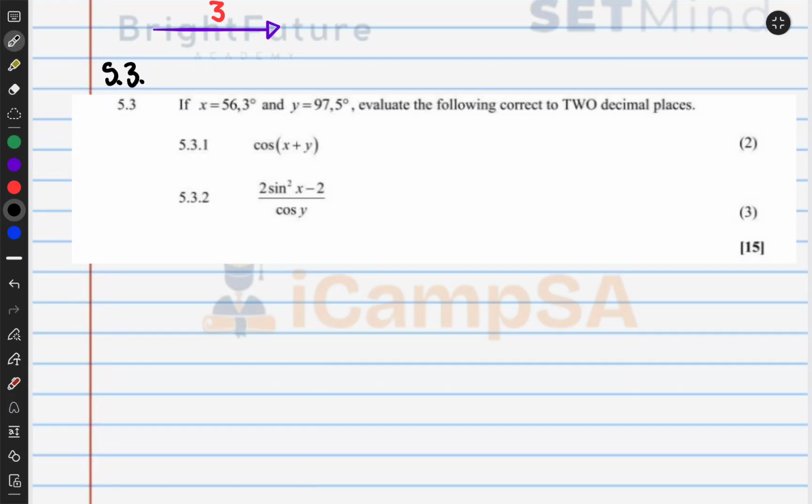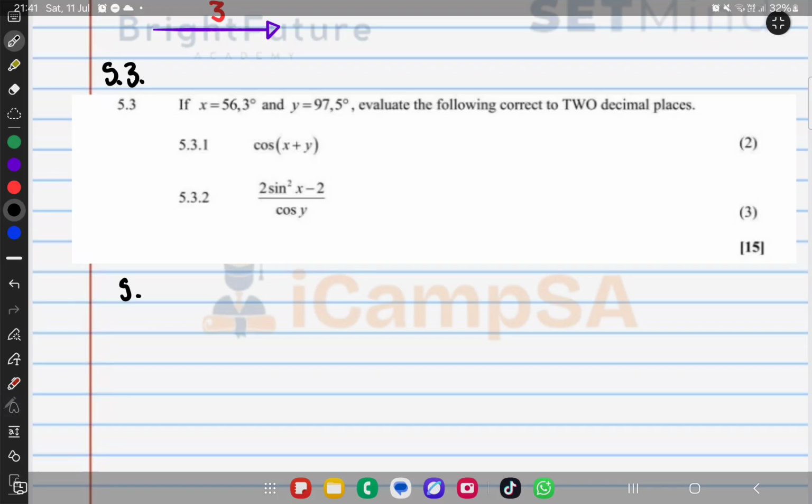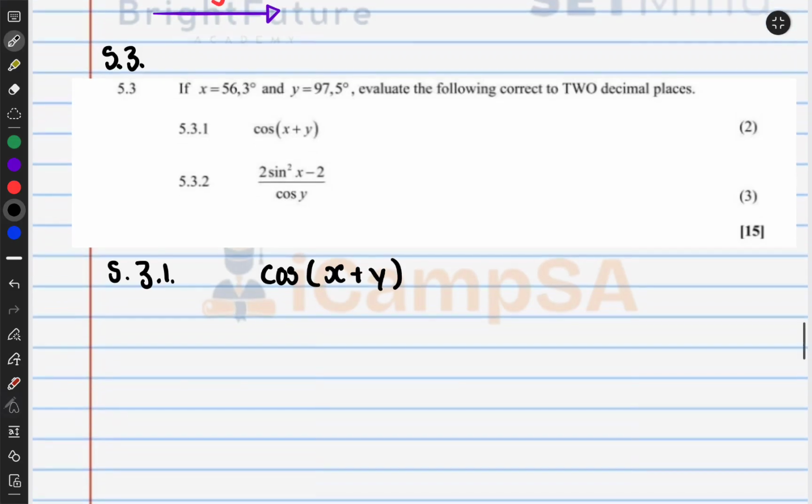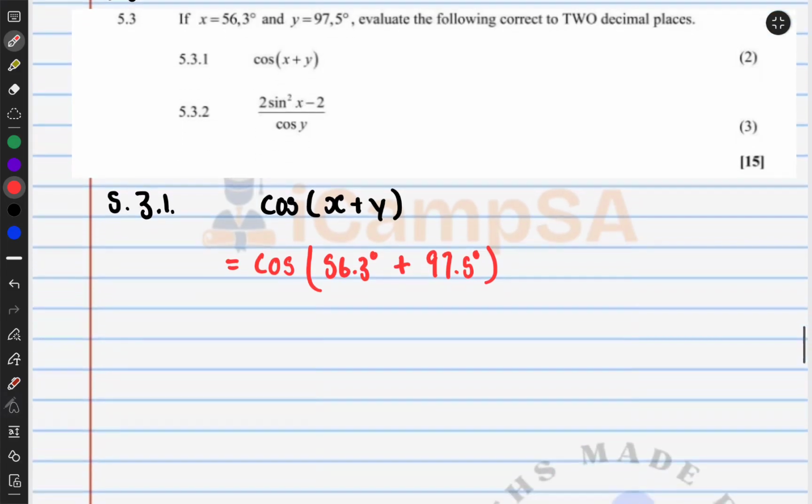Once they tell you to give the answer correct to 2 decimal places, always know that you are going to have to use a calculator to perform that calculation. So we have cos of x plus y. This is equal to cos of x, which is 56.3 degrees, plus y, which is 97.5 degrees.